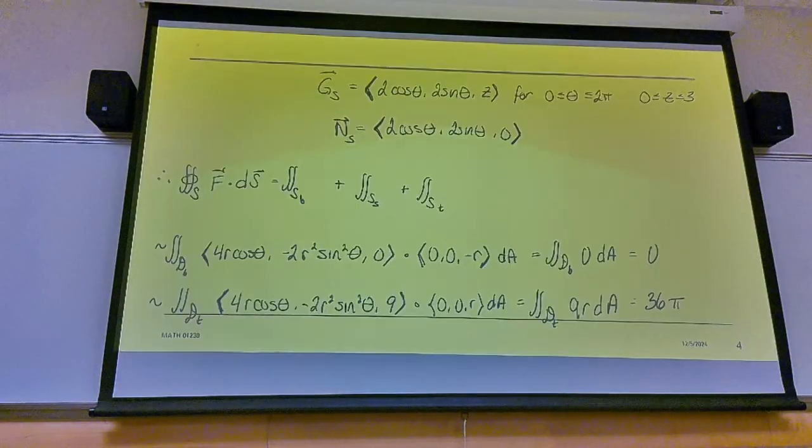So you do that integral. You did it the hard way. Isn't R dR dtheta the polar differential? That's an area integral: 9 times the area of the circle. Okay. 36 pi. The circle's radius is 2, so 4 pi is the area, times 9 is 36 pi.